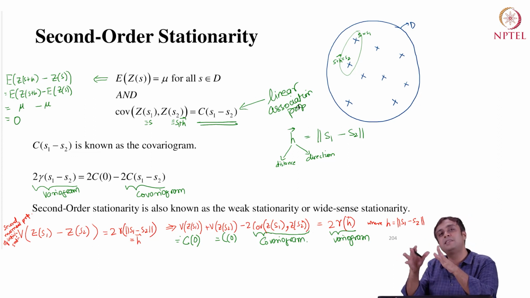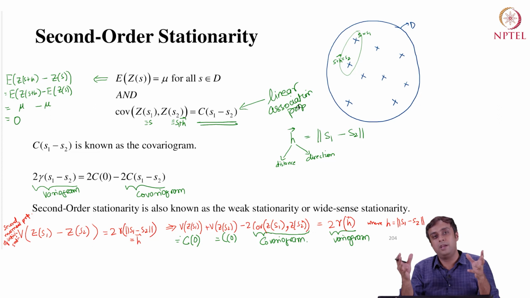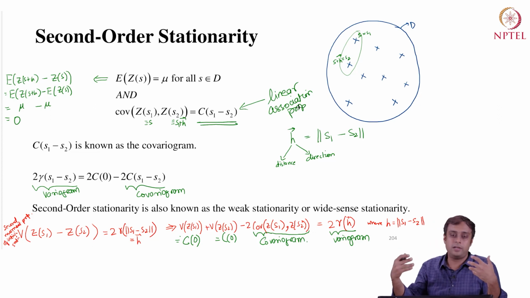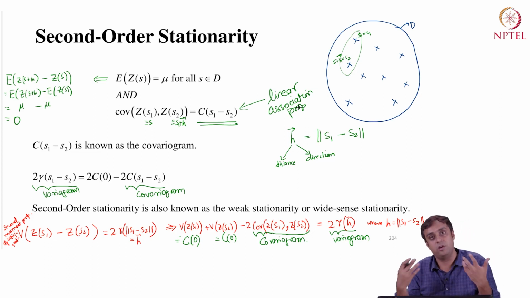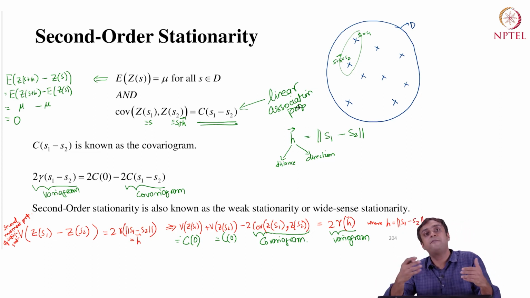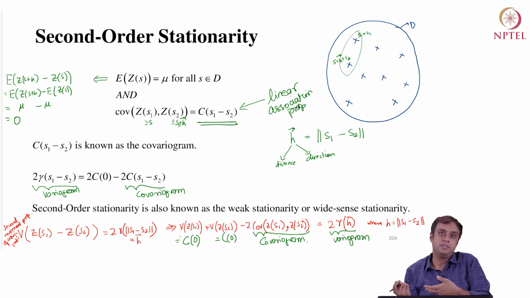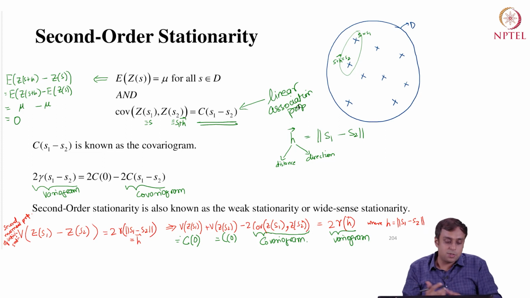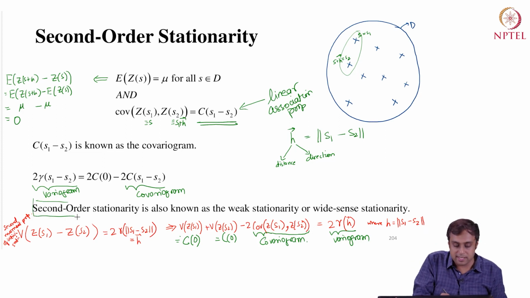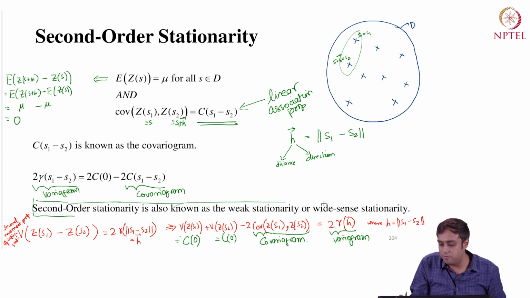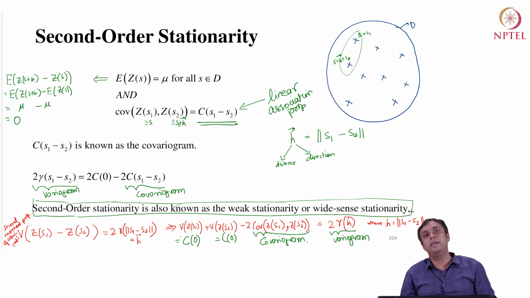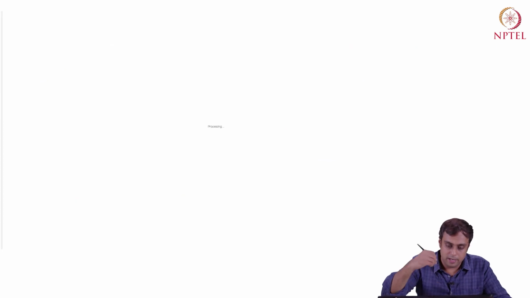So, stricter assumptions are required to assert intrinsic stationarity, and therefore intrinsic stationarity is considered a stronger property than second order stationarity. That is why the last sentence on this page says second order stationarity is also known as weak stationarity or wide sense stationarity in the spatial domain. All right, let us move forward.